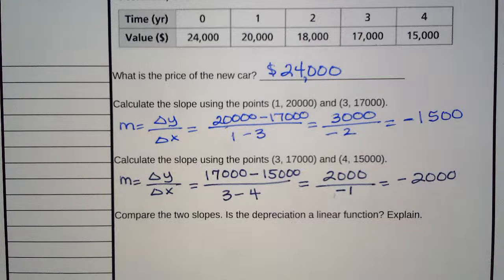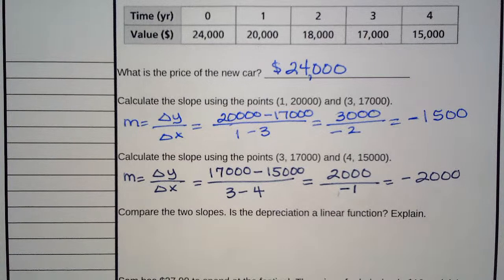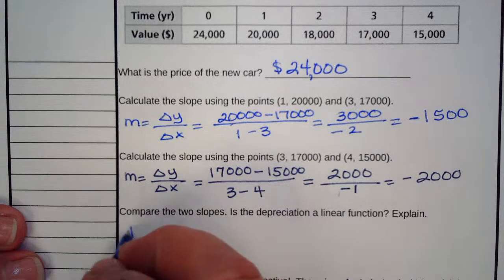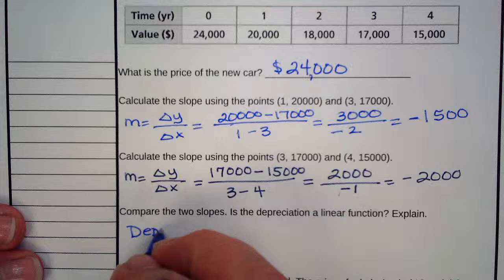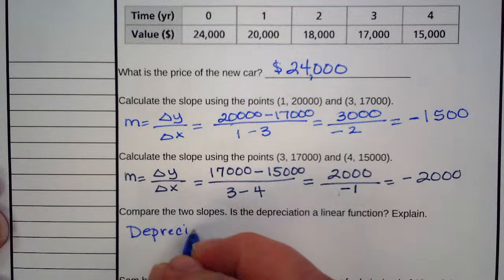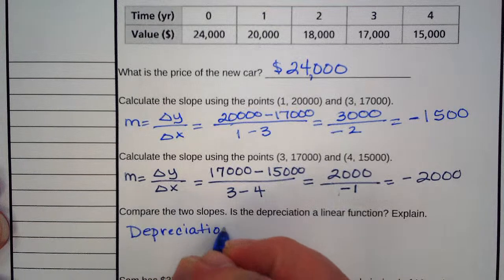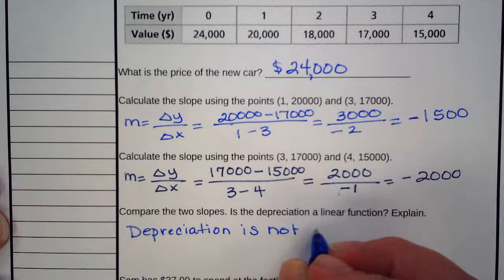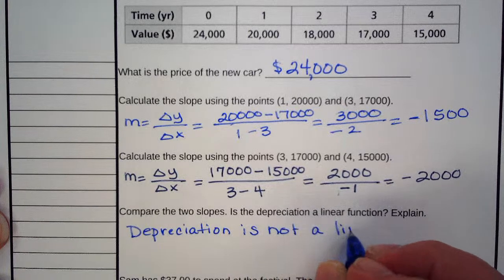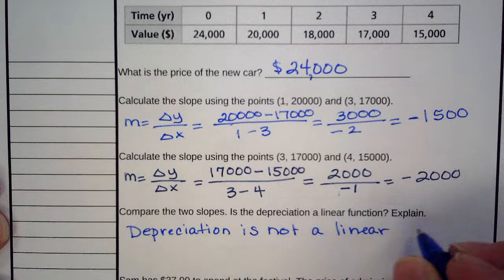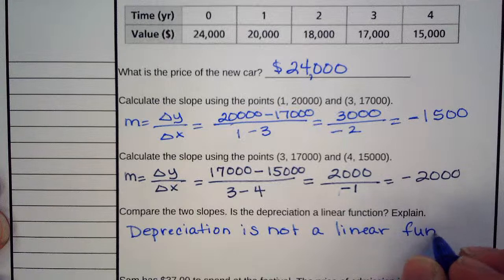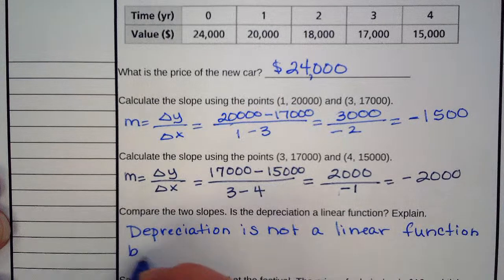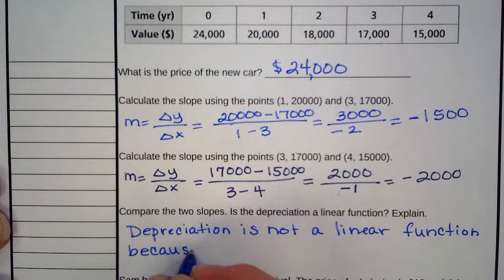So depreciation is not a linear function. And that is because the slope does not remain the same. Because the slope changes.